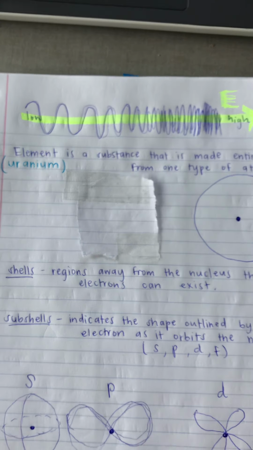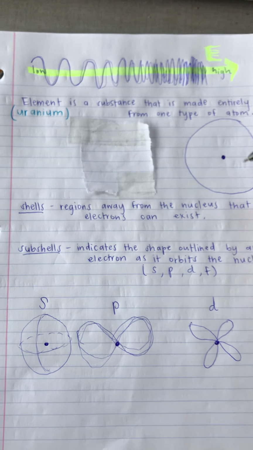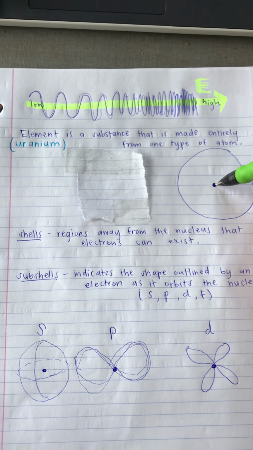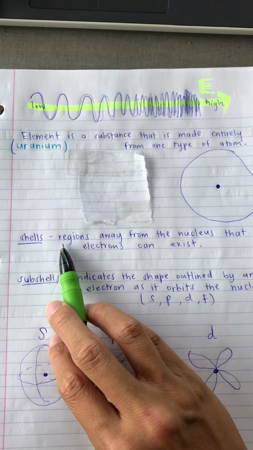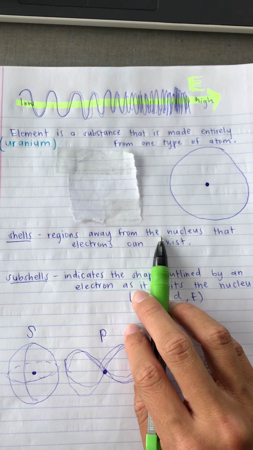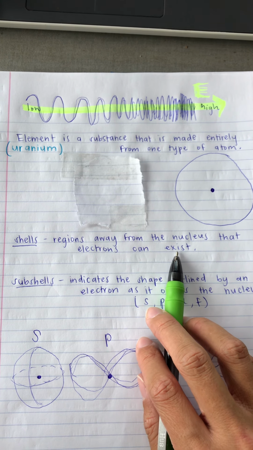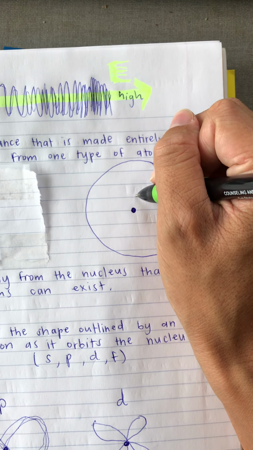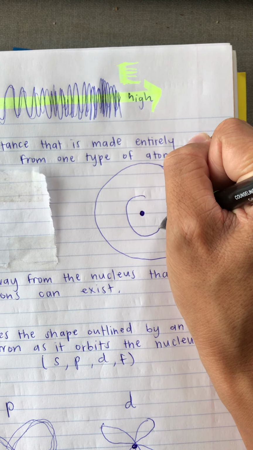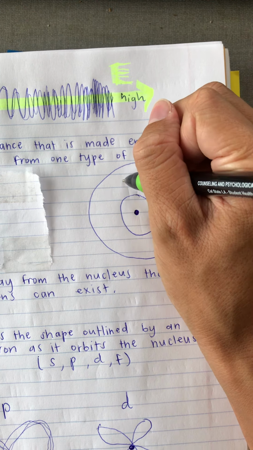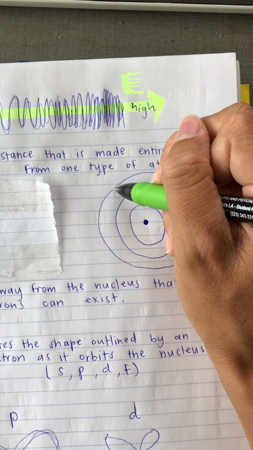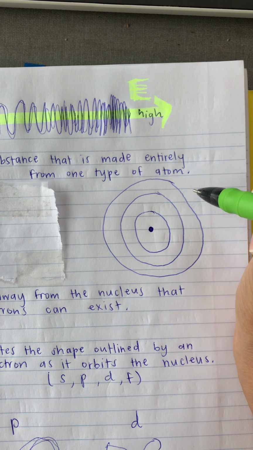So let's go back to the atom. Now within the atom, there are going to be shells. Shells are regions away from the nucleus where electrons can exist. This is going to be our first shell, that's going to be the second shell, and this is going to be the third shell.